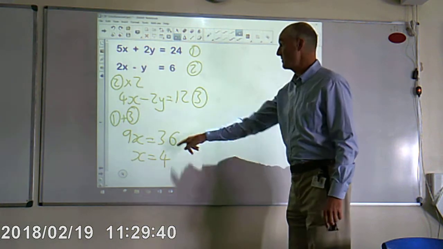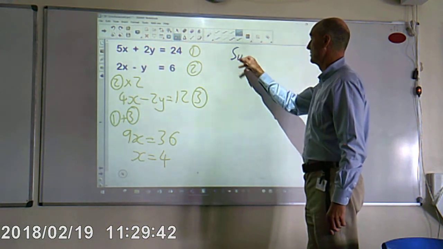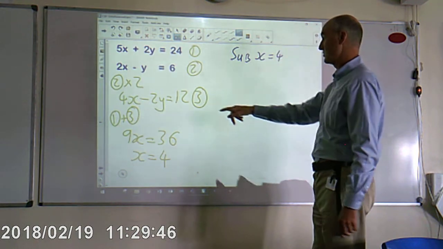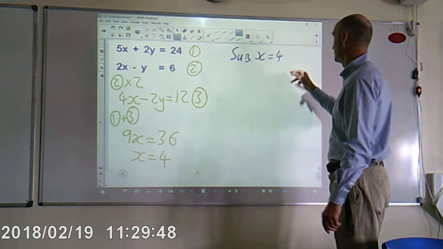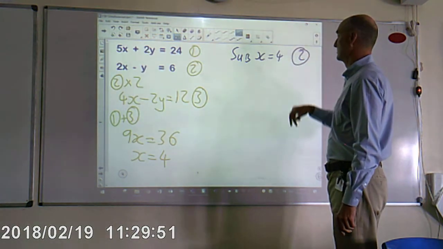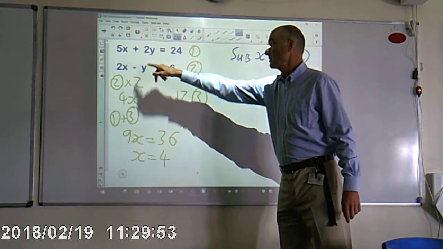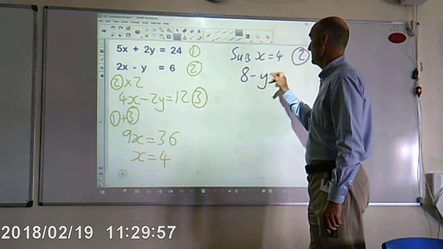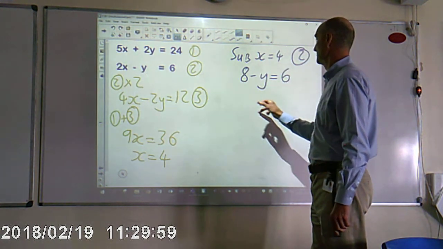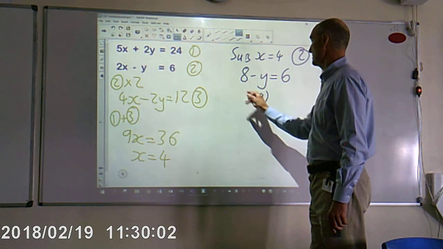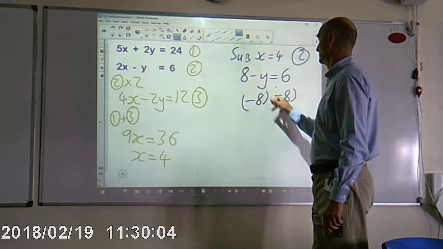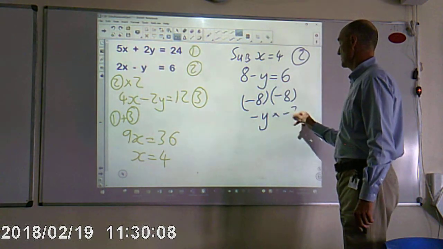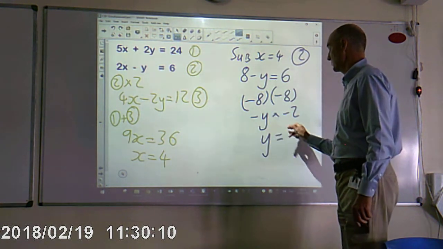So we've now got a value of x. So substitute x equals 4 into, let's go into equation 2. Two lots of 4 is 8, minus y equals 6, minus 8 both sides, so minus y equals minus 2, so y equals 2.